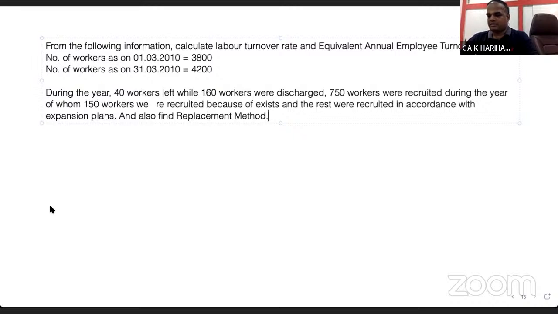Whenever new recruitments are there, we have to solve the problem by way of with expansion. Recruited, therefore, we have to solve it by way of with expansion.